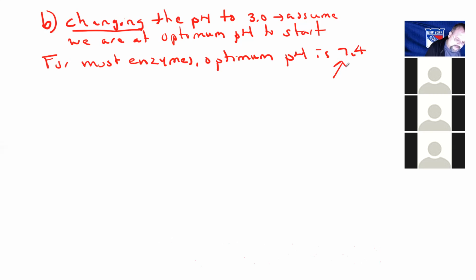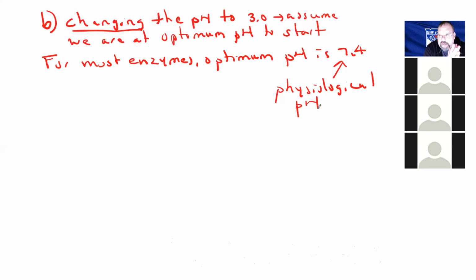And what's the significance of that? That pH is physiological pH. In other words, that essentially is the pH environment of our bodies. So the good news is not only are our bodies set up temperature-wise to have most enzymes work at their best, our bodies are set up pH-wise to have most enzymes work at their best.